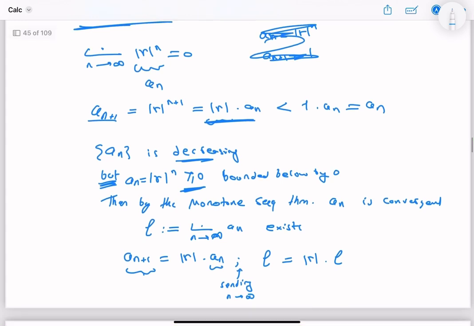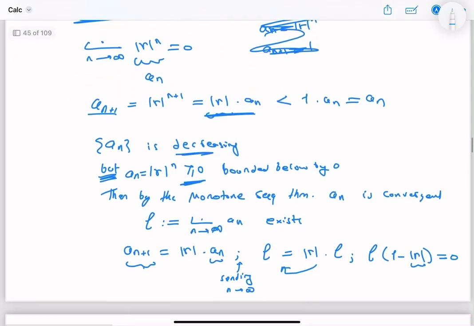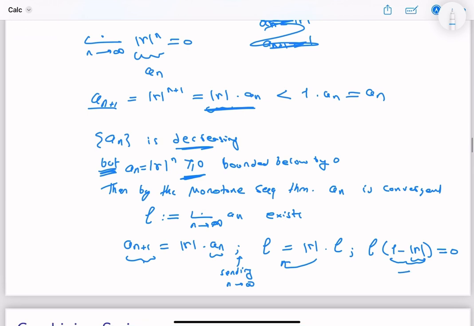So if we bring this to the other side, and if we take L common, we're going to have L times 1 minus the absolute value of r is equal to 0, right? But the absolute value of r is strictly less than 1, which means that this is never 0. But if this is never 0, this forces L itself to be 0, right?